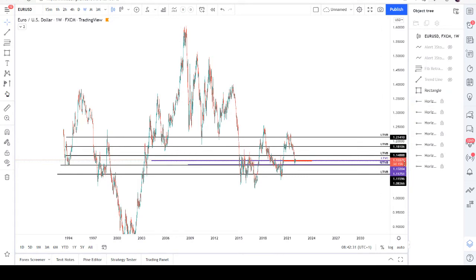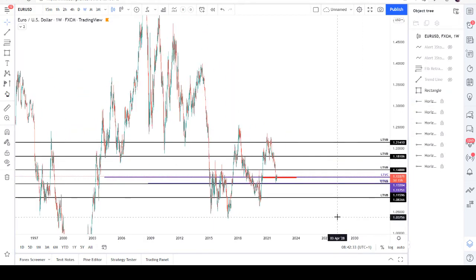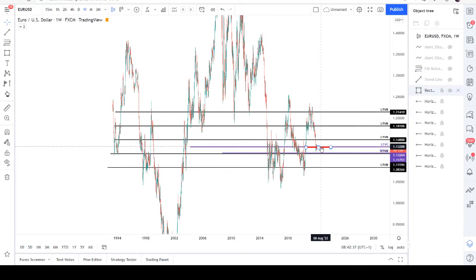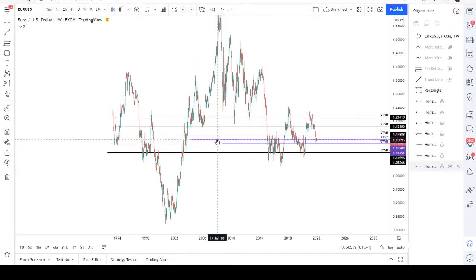What does it mean? It means this long-term volume control line is the most important in the Euro USD since it was created, because it's where we have a huge accumulation of position. And you see that, for example, here, how long we have been struggling under it before going lower and breaking through it.